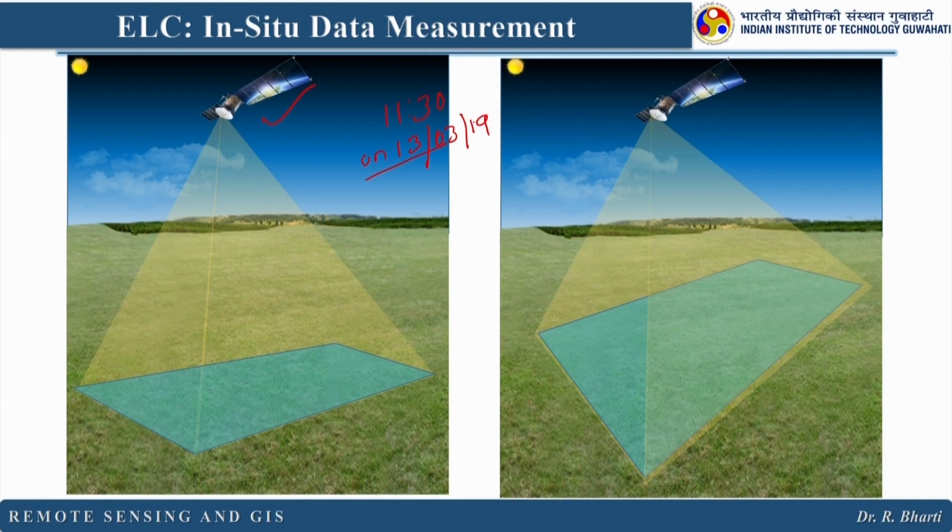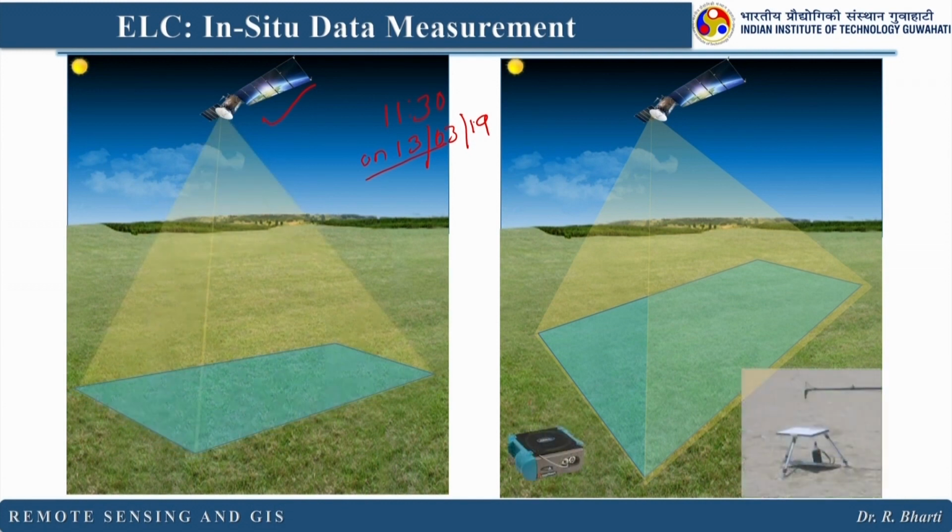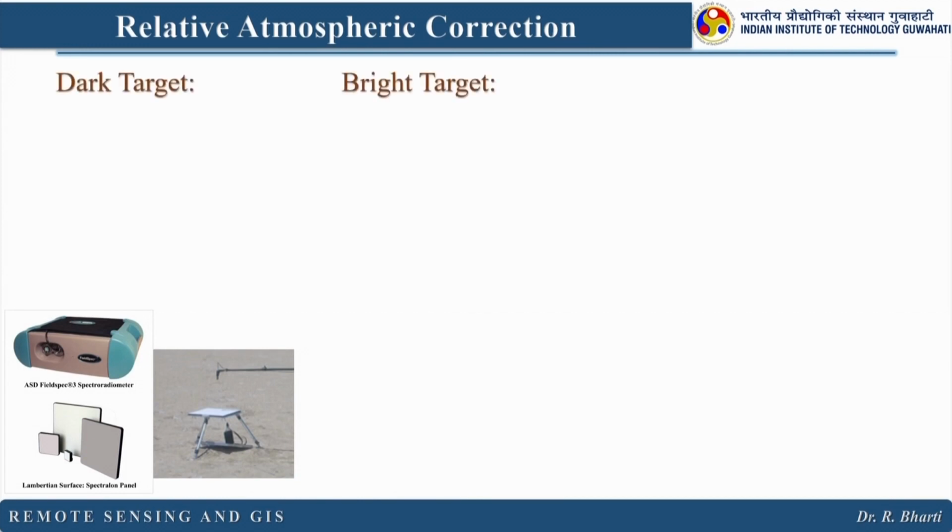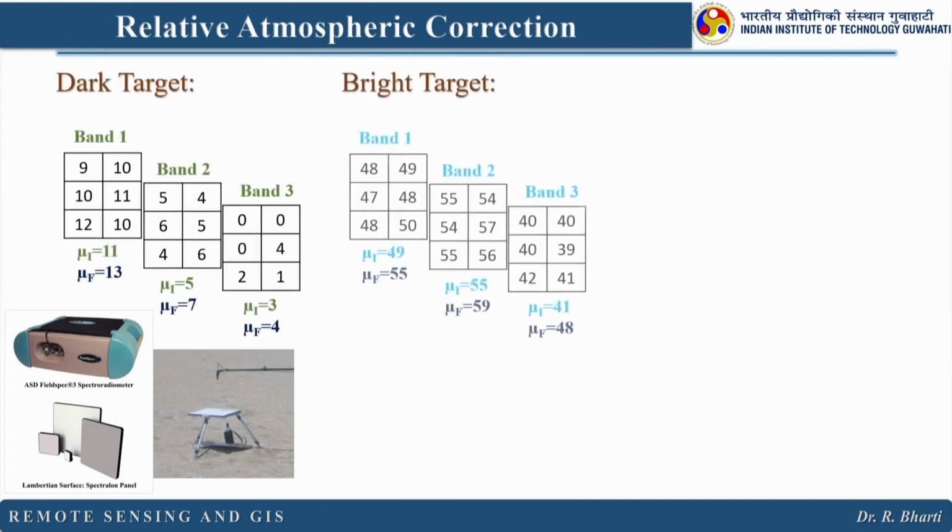The same time you have to go to the field with your instrument and measure the dark target and the white target, so that you can use them for the calibration. You will put a dark patch here and a white patch here, and then you will measure the reflectance using such instruments, and you will have these values for the dark target and for the bright target, and the same information is also available from the satellite.